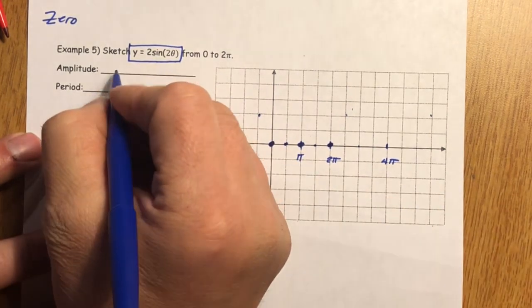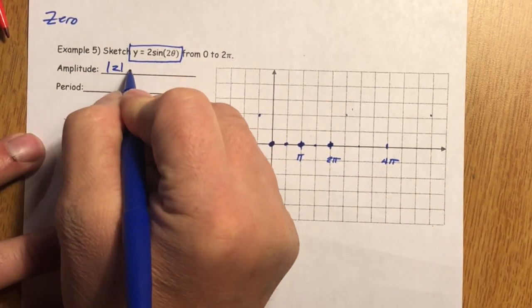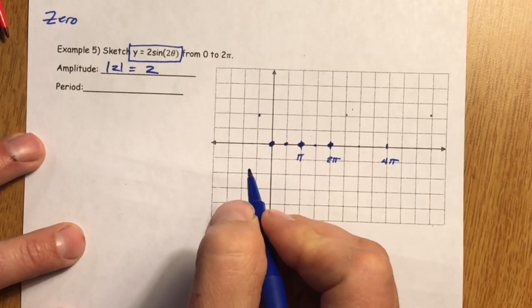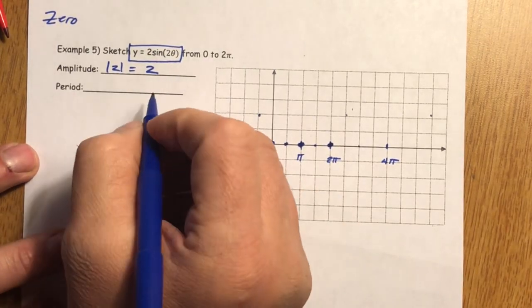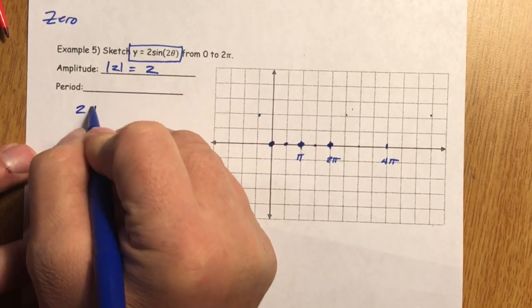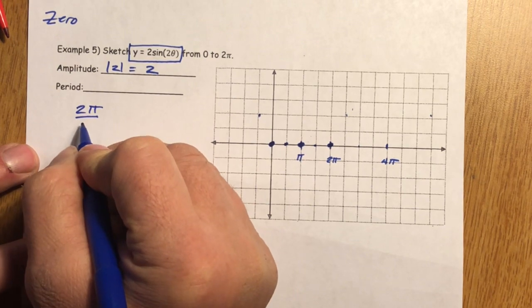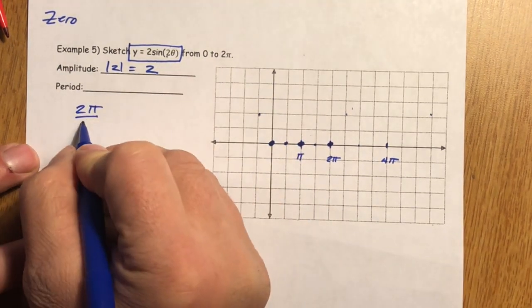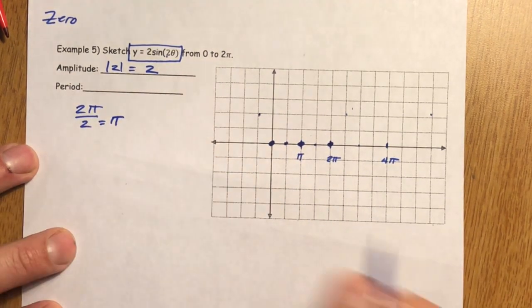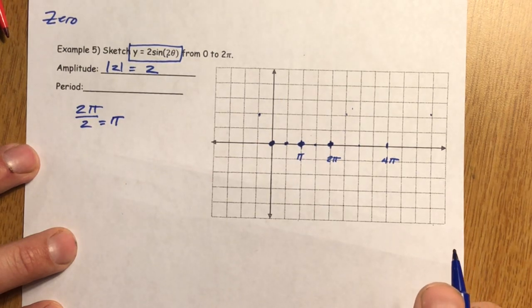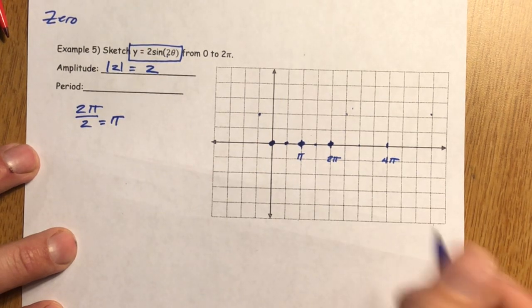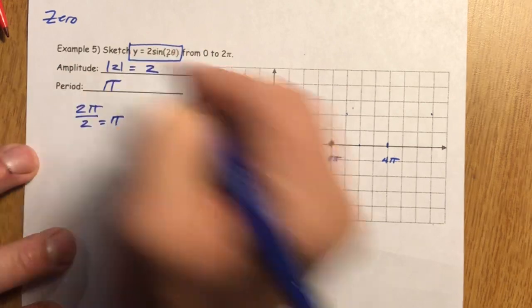All right, amplitude is the absolute value of 2, which is 2. The period, remember, the period is 2 pi over b. In this case, b is 2, so the period is going to be pi.